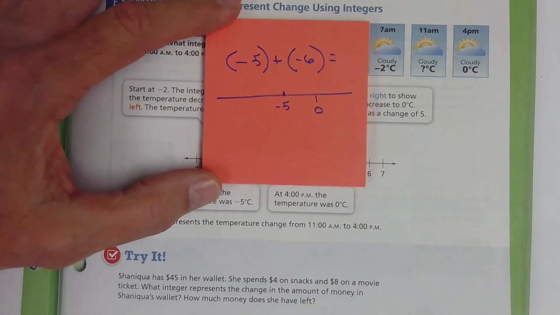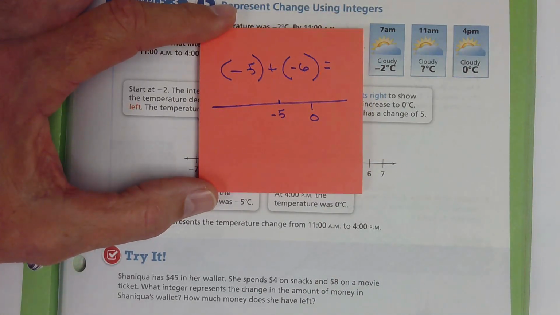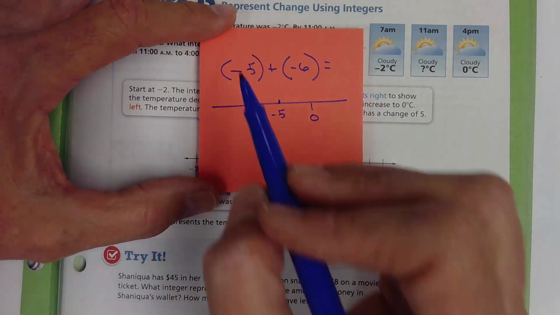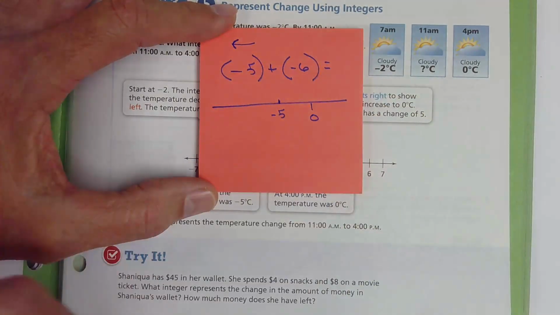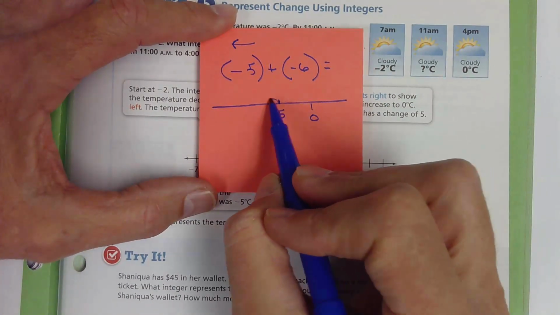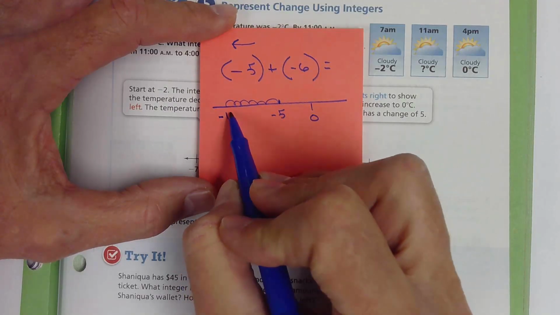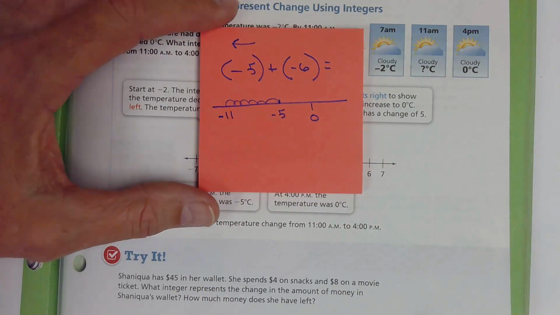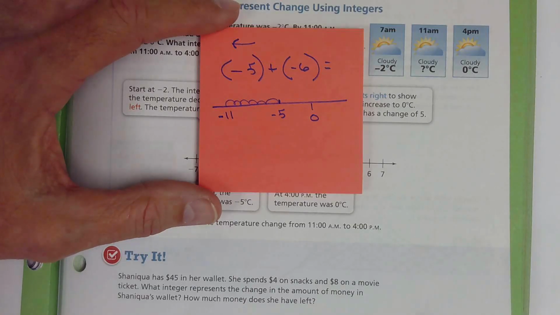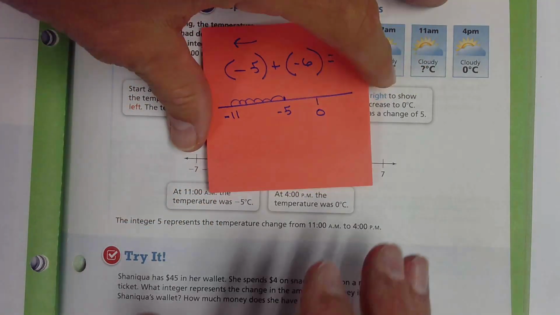Okay, I'm adding -6. Which way am I going to go? I'm going to go to the left. I'm getting further from 0. The numbers are getting smaller. So I'd be 1, 2, 3, 4, 5, 6, and I'm going to end up at -11. Make sense? Okay.